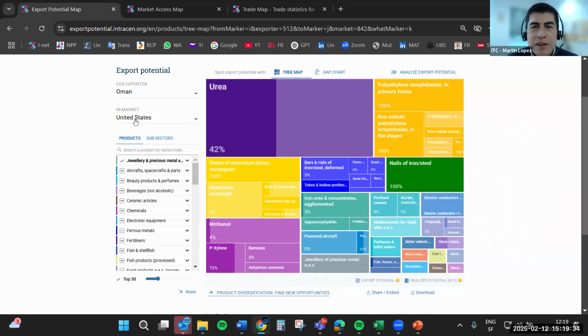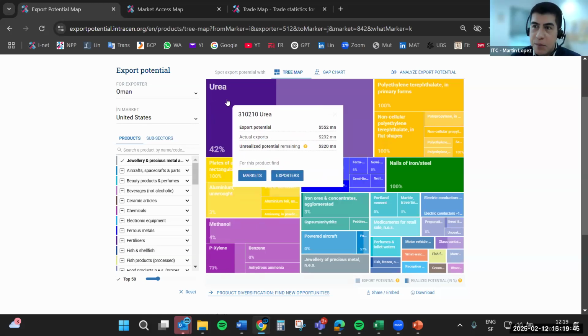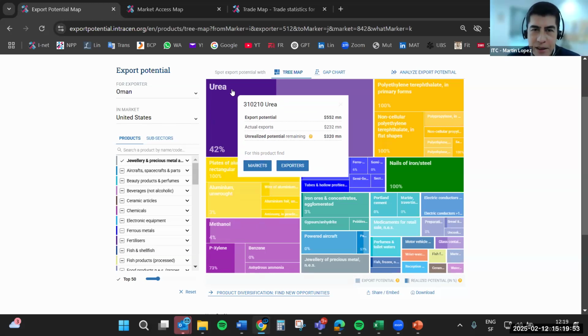So how do we interpret this graph, and what can we do with it? For example, let's look at urea, just for the example. Later on, we will be looking at other cases. How do we interpret this?